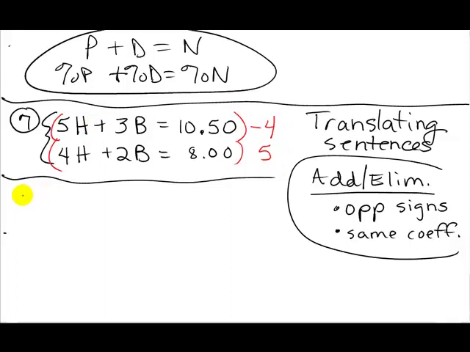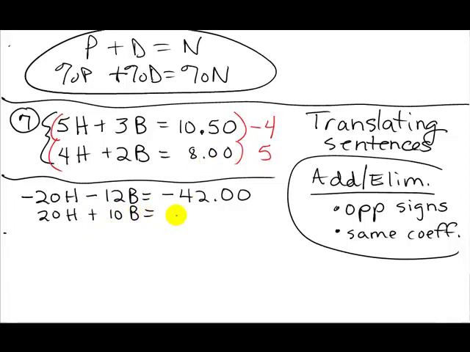So we'll have -20H minus 12B minus $42. I think that's right. 4 times 10.50 is 42. Okay. 5 times 4 is 20H. 5 times 2 is 10B. And 5 times 8 will give me 40.